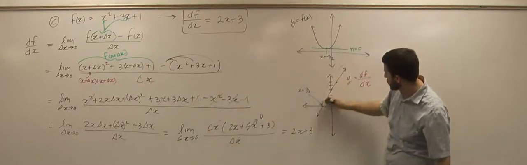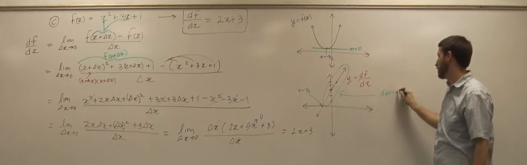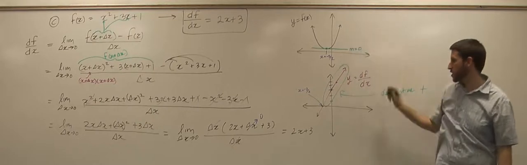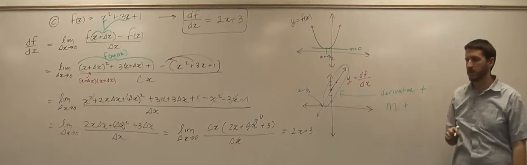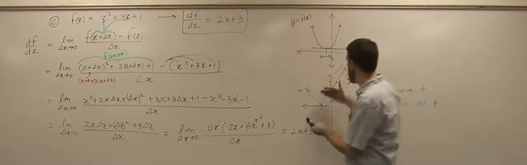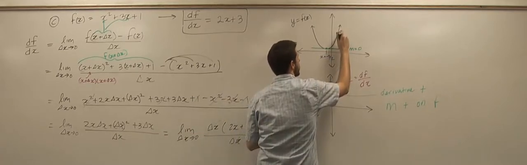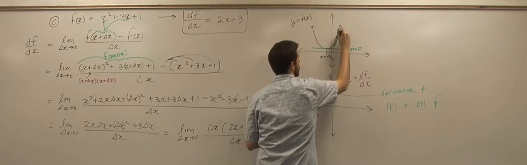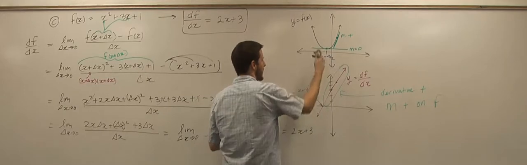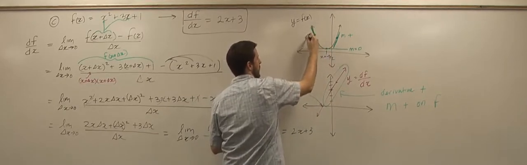So on this whole portion of the graph, the derivative is positive, which means up here on your original function, the slope is positive. If you look at any x value that's bigger than negative 3 halves and you draw a tangent line, you're going to get a positive slope. Whereas if you look at any x value that's less than negative 3 halves, like over here, and you draw a tangent line, you're going to get a negative slope.